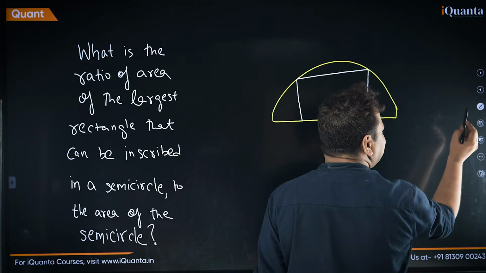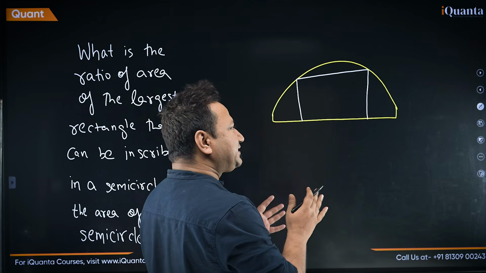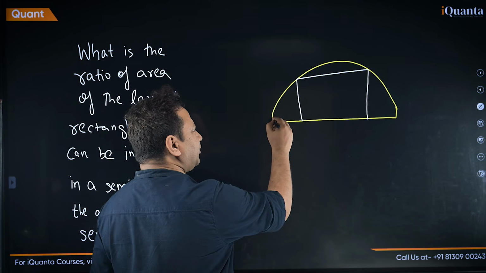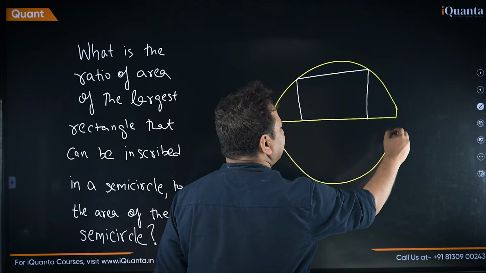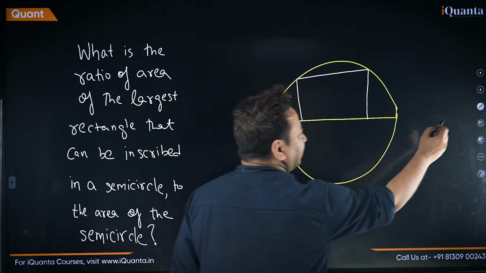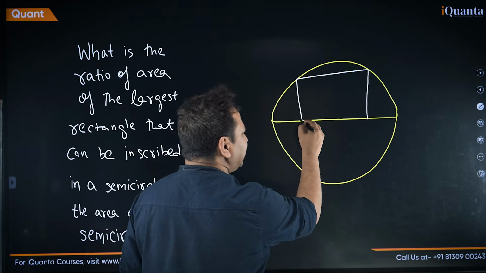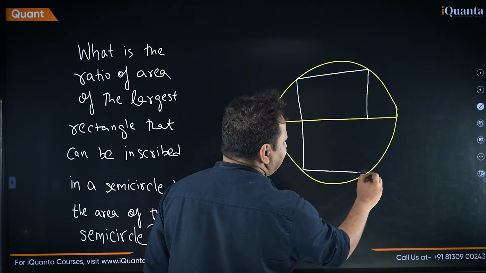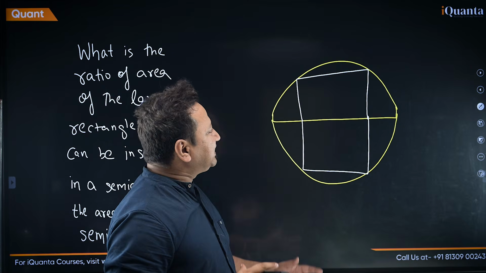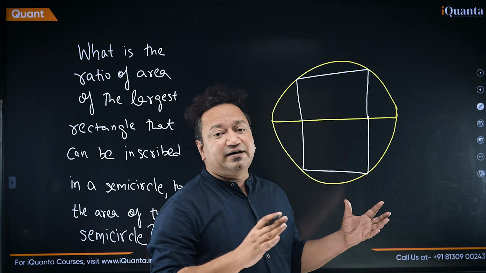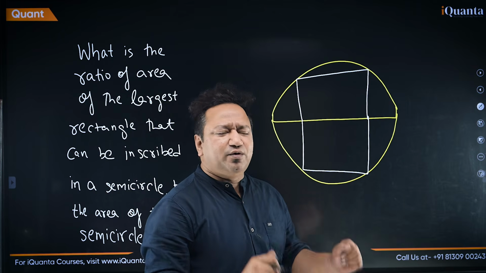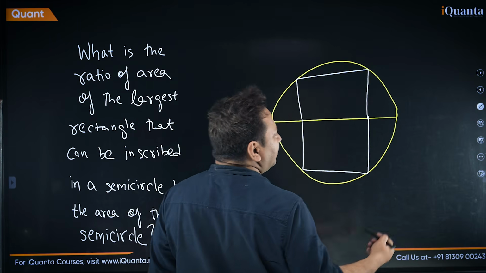But if I just visualize things clearly, this might be half of a full circle. And if I complete the full circle, I'll also have to make the replica of this rectangle. The moment I do it, I know that the maximum area of a quadrilateral inscribed in a circle is a square. What kind of square?